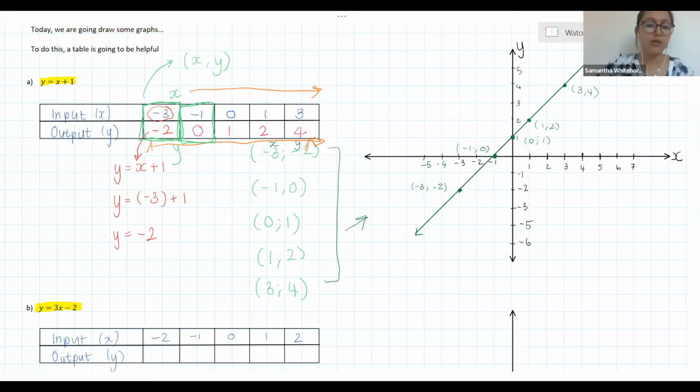If you're using a calculator, that's absolutely fine. I have no issues with that. And your inputs are -2, -1, 0, 1, and 2.